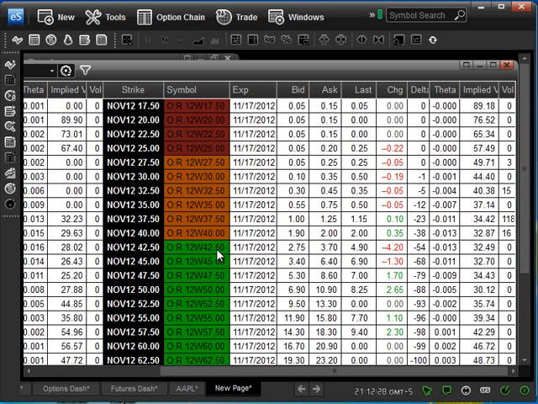The market's already at $41.19, and we're going to have the right to sell at $42.50, so we're already in the money by $1.30 or so. As you go down in price, $45, $47.50, $50, these are further and further in the money. As we go up, $40, $37.50, $35, $32.50, these are further out of the money. Now take a look at the last price. The one that is just in the money is a $4.90 cost.